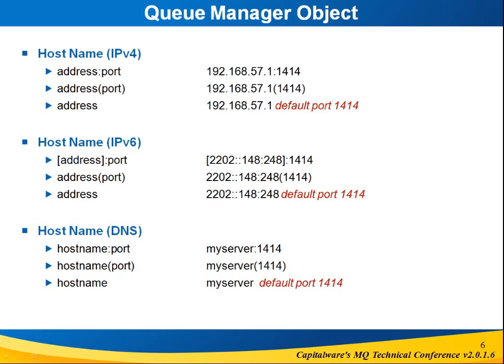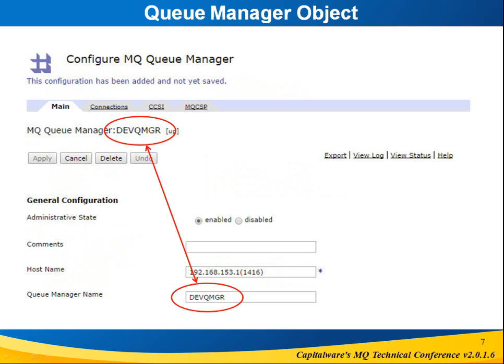Either method is acceptable. DataPower will automatically send the correct con name clause to the queue manager according to the way MQ is expecting it. Notice also the default port, if you leave it off, is 1414 in all cases. And you can also use IPv6 notation as well as DNS resolution notation using a host name if you prefer.